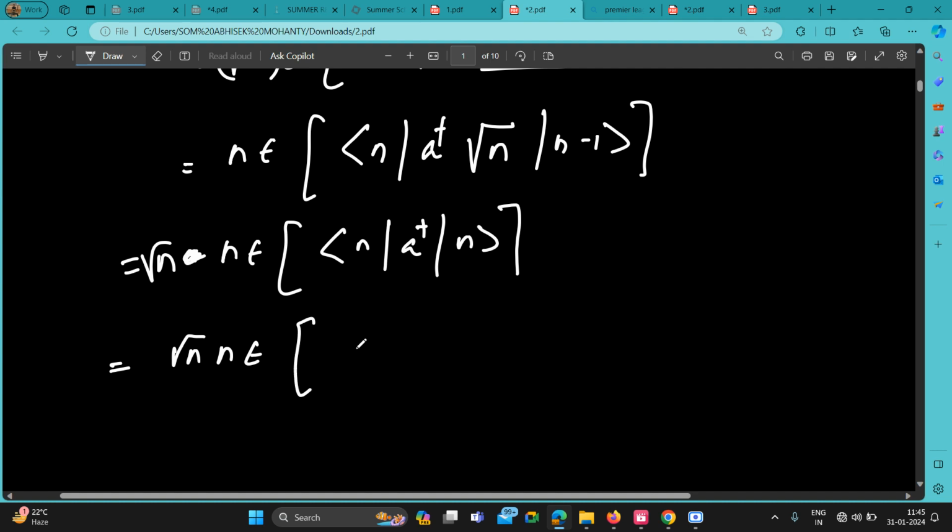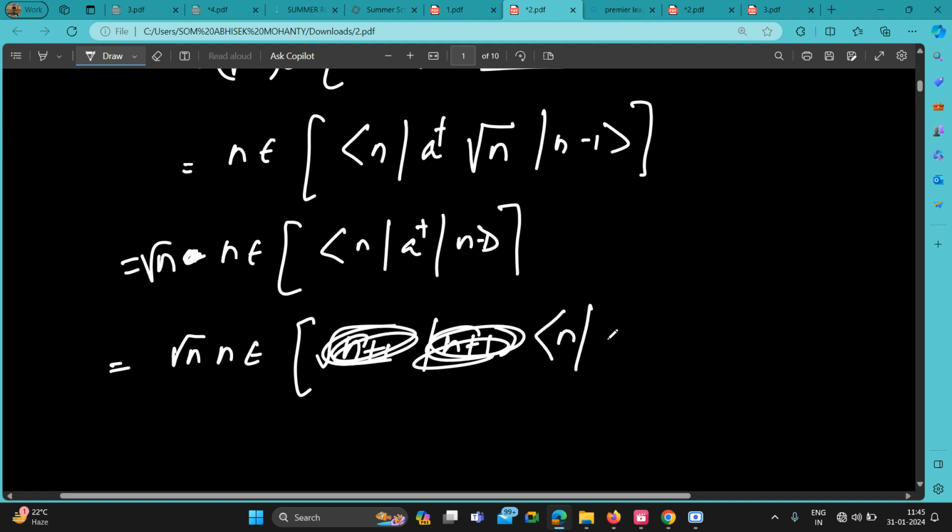This is again root over n minus 1 plus 1, because this is n minus 1 and it's a raising operator.